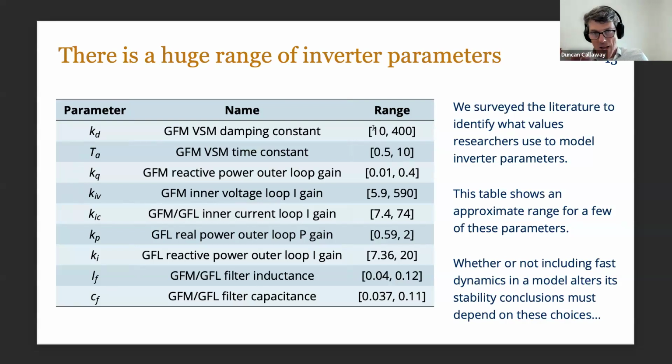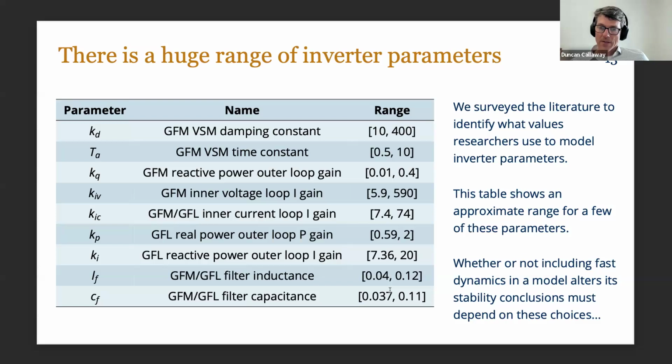These are not exactly the ranges that we found in the literature, but it's roughly the range of parameter values that you see different researchers using for each one of these different types of controller gains or filter inductances, for that matter.